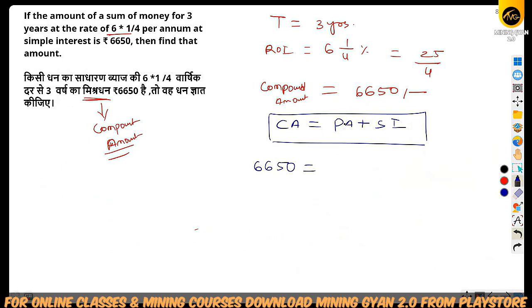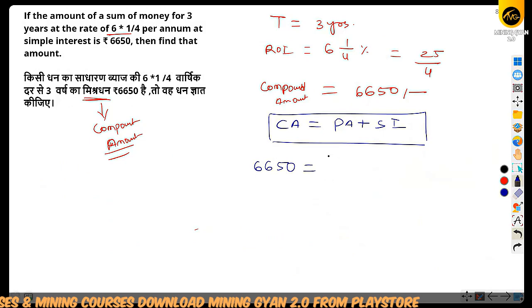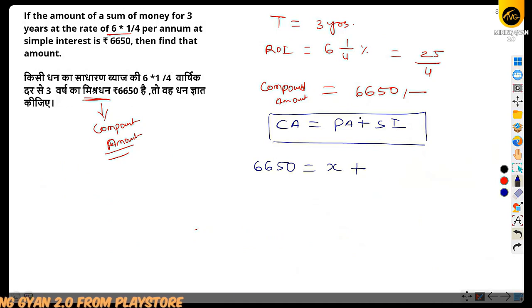We do not have any principal amount, so you can assume the principal amount as x. Now what is the simple interest? We have to find the simple interest by using the traditional formula, which is PRT divided by 100.